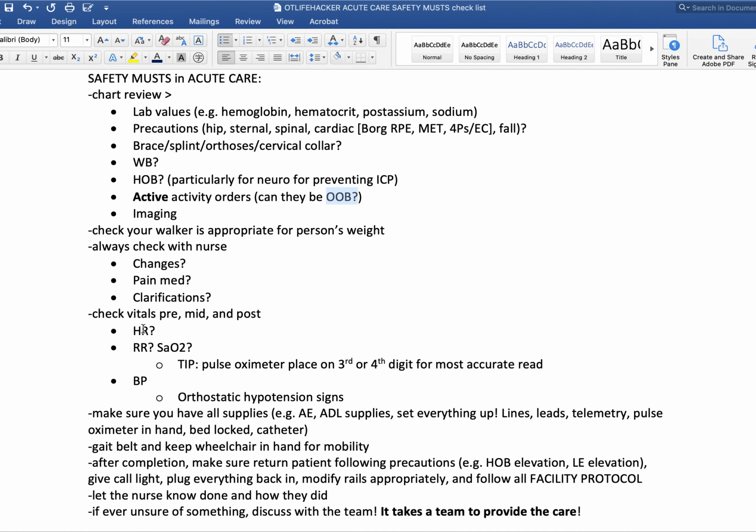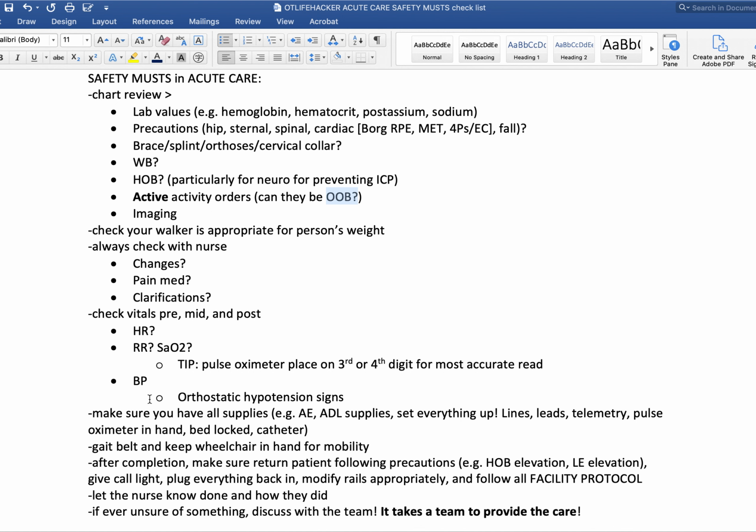As I was saying, the orthostatic hypotension, I've actually seen this not many times, but quite a few times with patients, and it's extremely important. Make sure that you are always attentive and do your pre, mid, and post vitals, of course, but make sure you have the measurements ready to go, because you need to check.